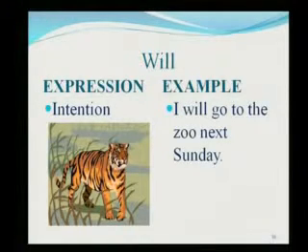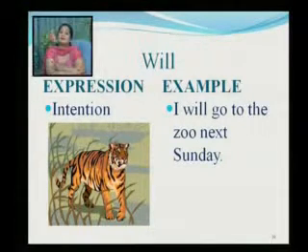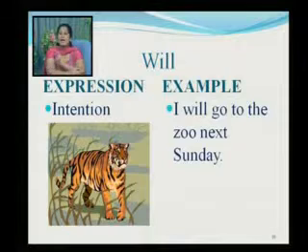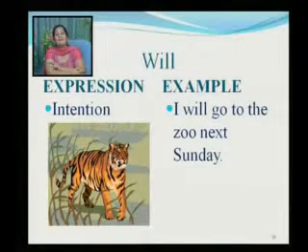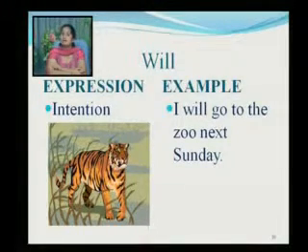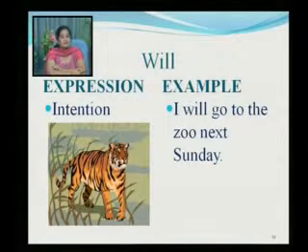The first one is about intention. I will go to the zoo next Sunday. Now look at this. I will go to the zoo next Sunday is an intentionally done work. I will not copy in the class. Again, there is an intention, there is a purpose behind it, a purposeful thing. I will be coming early for my extra lectures.